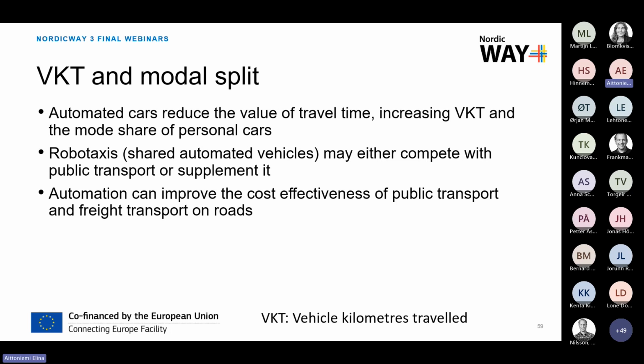Robotaxis or shared automated vehicles can either compete with public transport or supplement it. It depends on the deployment model and incentives that are in use, and research goes in both directions. And there is potential for automation to improve the cost effectiveness of public transport and freight transport.